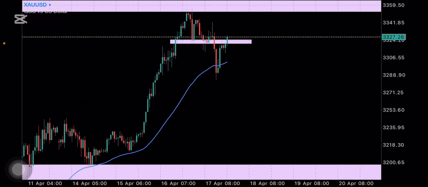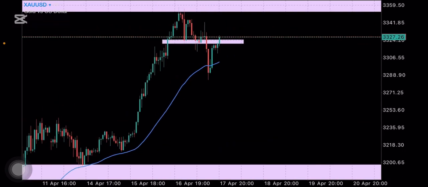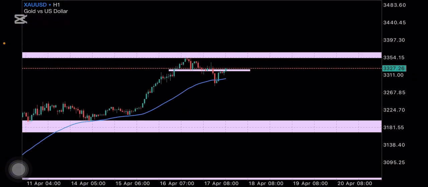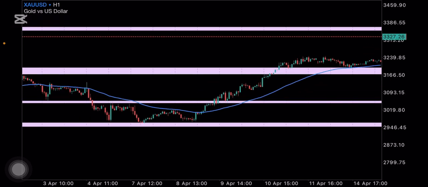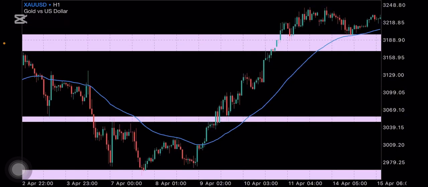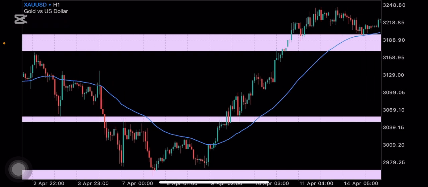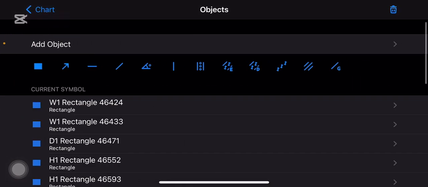Okay, so this is our H1. Basically, what we are doing here is we have marked our key levels and we are looking to trade the break and retest, right? So you can see at this point, this is exactly what you are looking for.